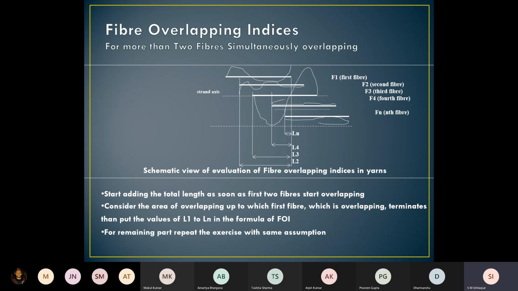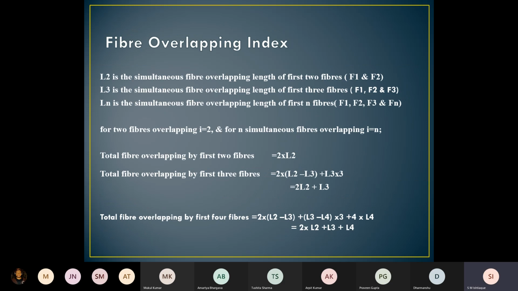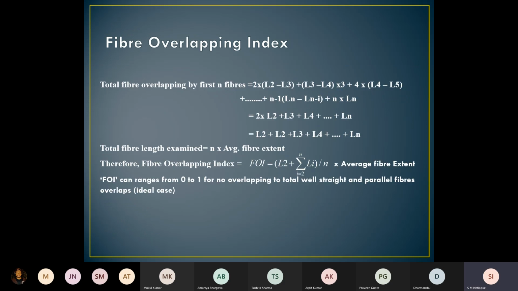Then for the second fiber, which is moving here, the fiber extent is from the starting point of the fiber to the end point. The sum of Li from 1 to n, whole divided by n, where n is the number of fibers, is multiplied with the average fiber extent.